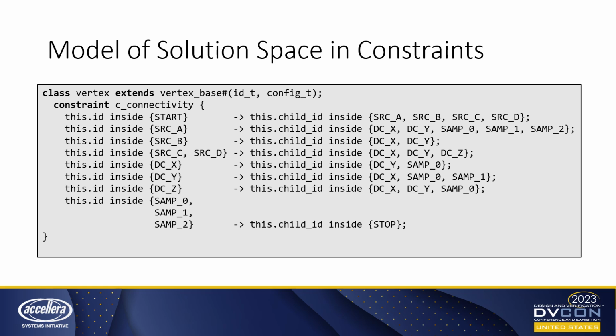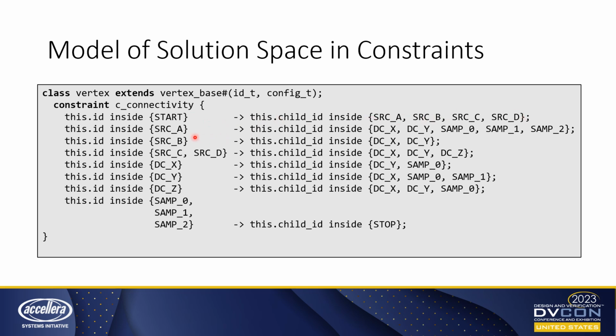We can make use of a vertex-based class, which amongst other things is parameterized with an ID type, which is generally an enum defining the different available vertices. For each of these vertices, we simply write a constraint listing its possible child vertices. For example, in this case, we have a start vertex, which is always connected to a primary input, a source.